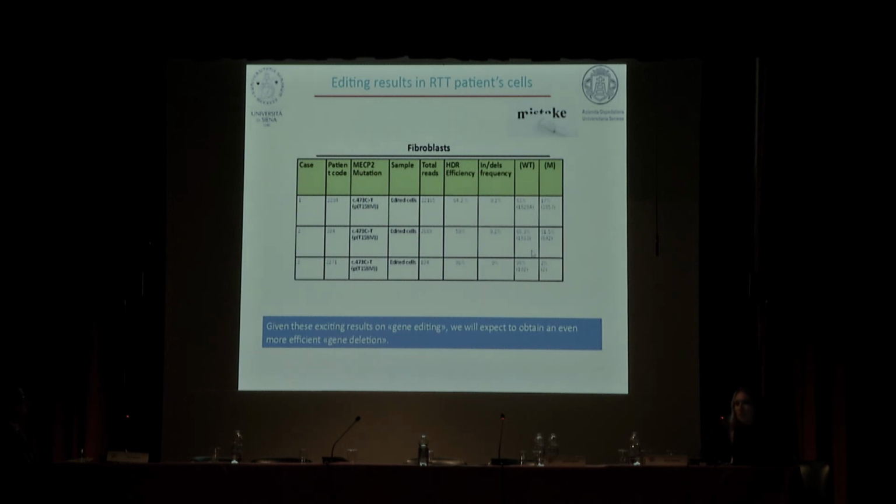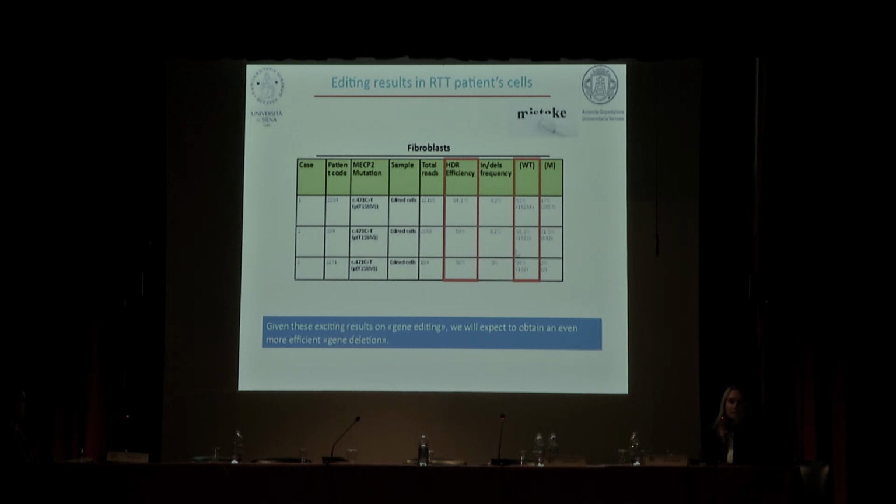Using next-generation sequencing, we can also quantify the correction. Here you can see the results of correction in fibroblasts in 3 different patients with the same mutation, that is a hotspot mutation. And this is the homology-directed repair efficacy, the percentage of efficacy, and also the percentage of the wild-type allele that results after the correction, that range from 70% to 98%.